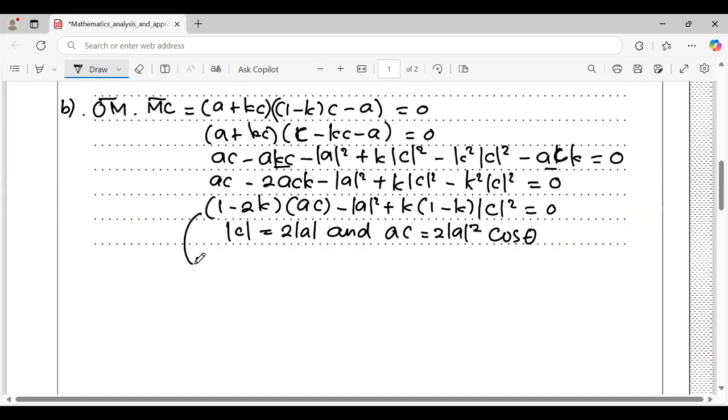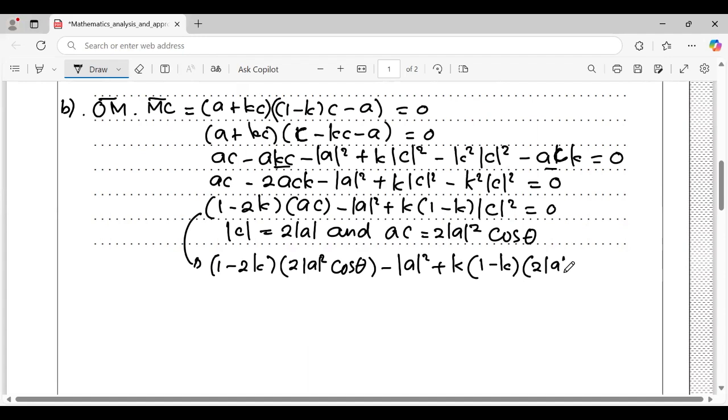So this equation becomes 1 minus 2K times 2 A squared cosine theta, because AC equals this, minus A squared plus K, 1 minus K, 2A squared, equals 0.